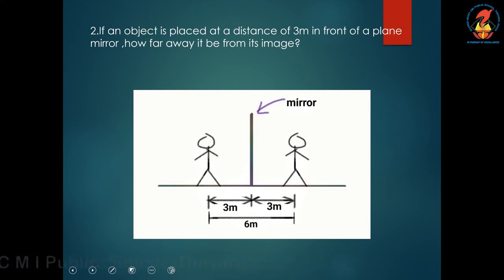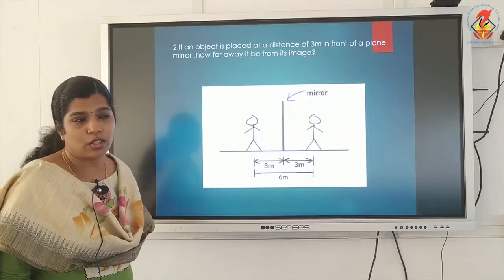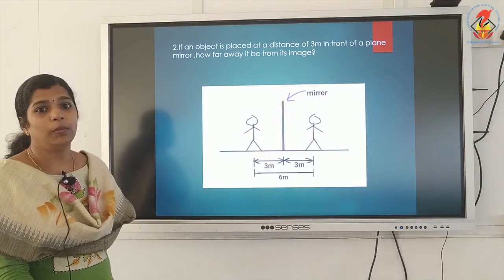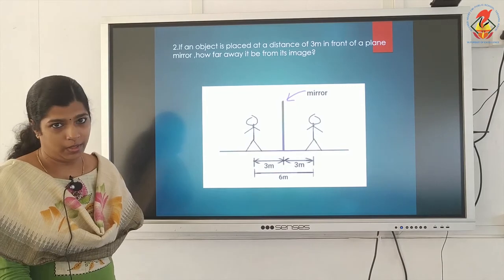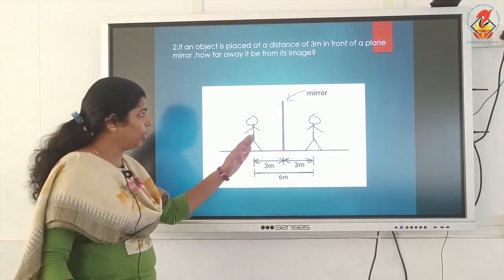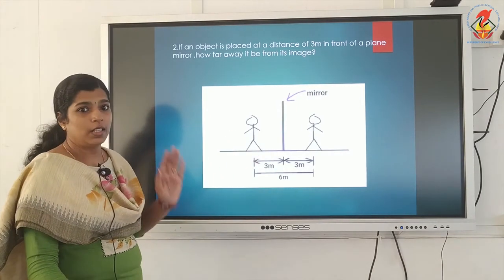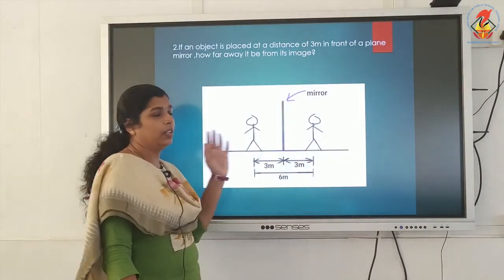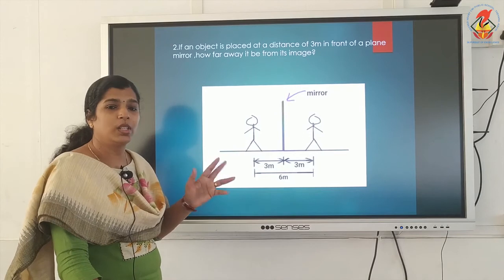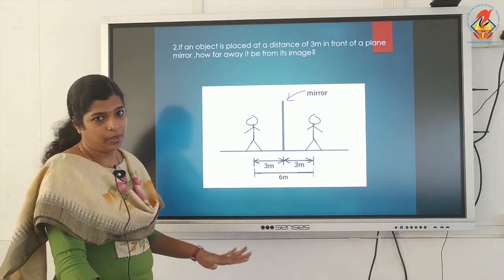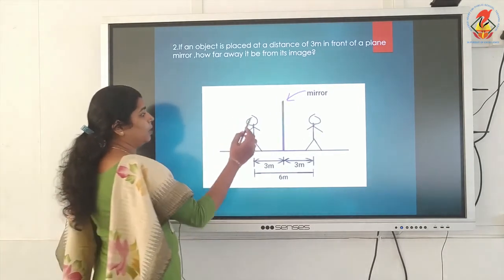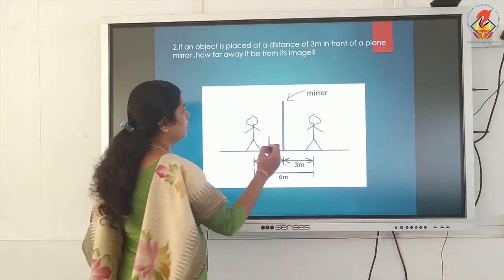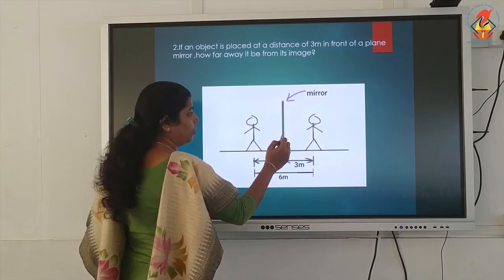That is the last point I explained in the characteristics of the image formed by a plane mirror. The distance between the object and the mirror is equal to the distance between the image and the mirror. Here in this question it's given as 3 meters, so the image is also 3 meters behind the mirror.